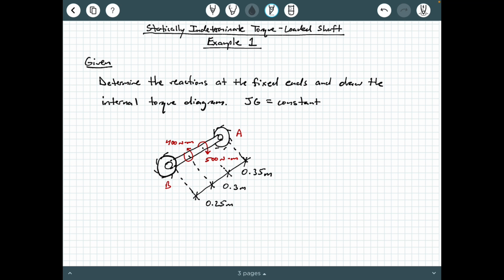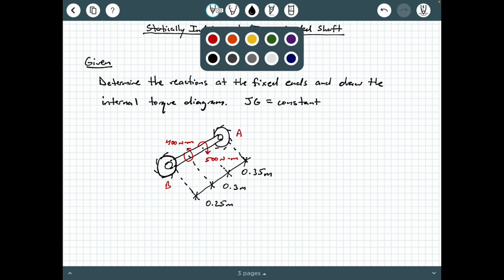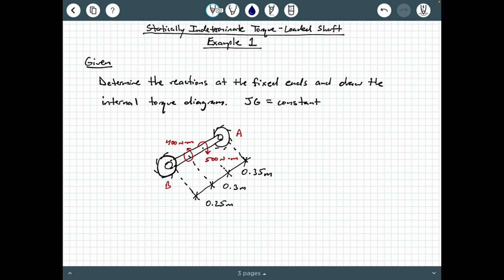And so what I'm going to do is use this given figure also as a free body diagram of the entire system. And I'm going to draw a torque reaction here, which I'm going to call TA. And then on the opposite side, I'm going to draw a torque reaction here, which I'm going to call TB.